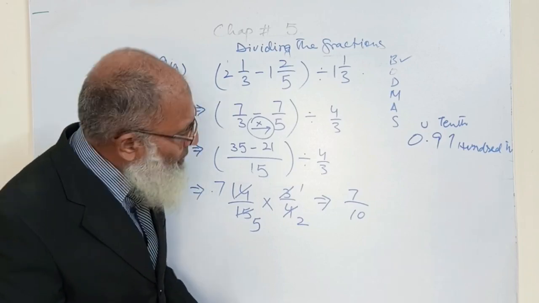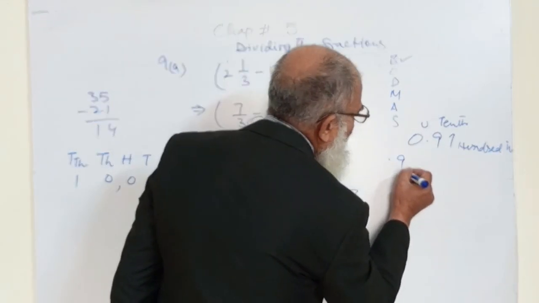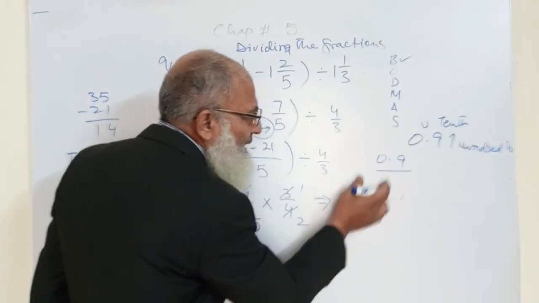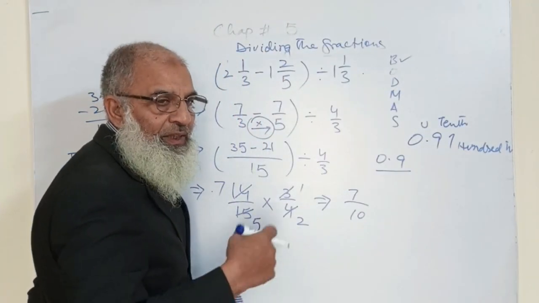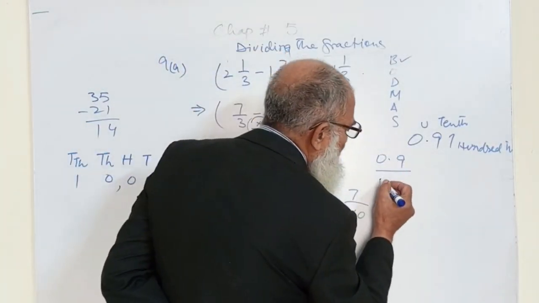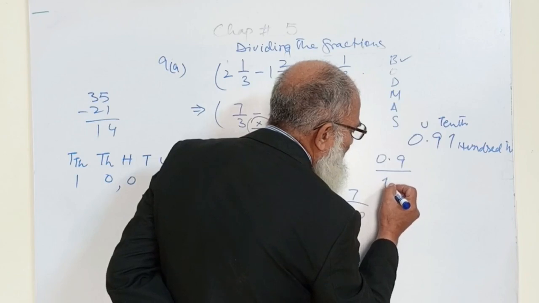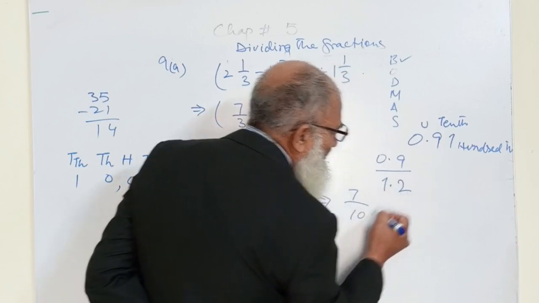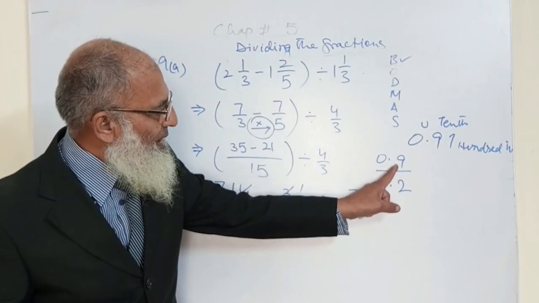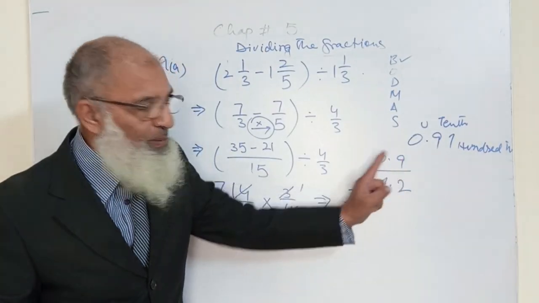So I was going to tell you, if you have a fraction like this, and it is being divided by a number with the same position of the decimal, now you see that there is one decimal place only.